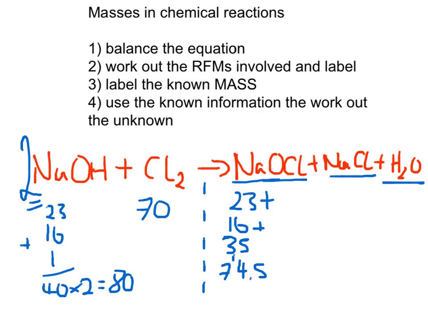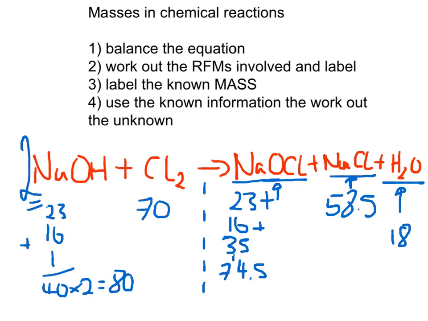And then the sodium chloride is 35.5 plus 23, which is 58.5. And the water, H2O, so 2 plus 16 is 18. Okay, so we've got all our relative formula masses.